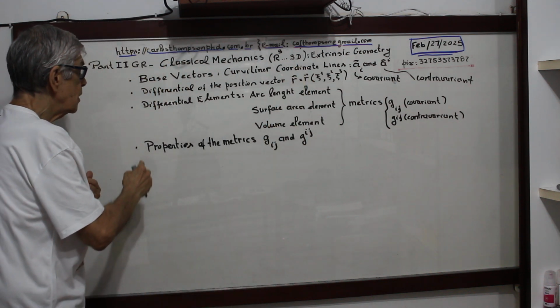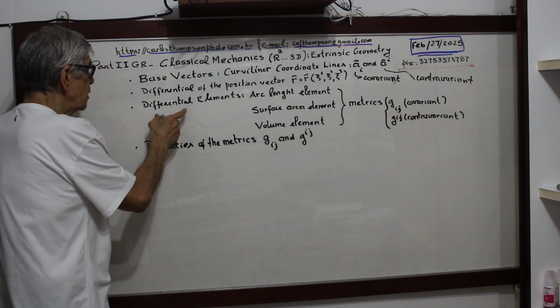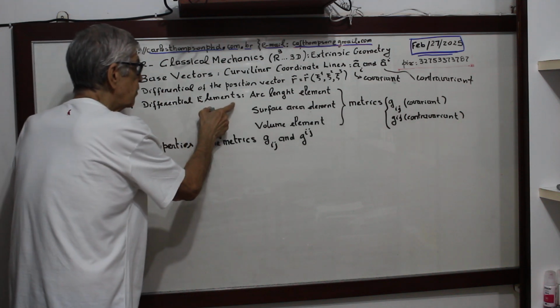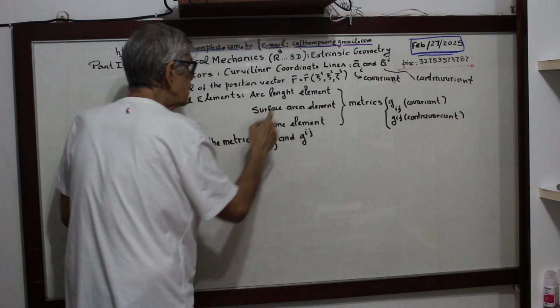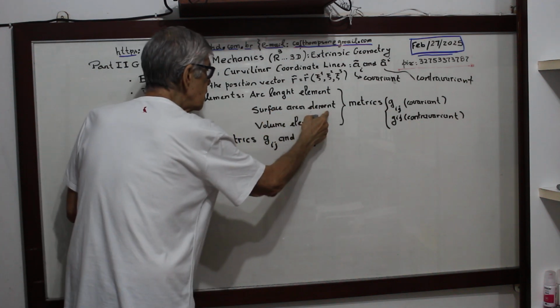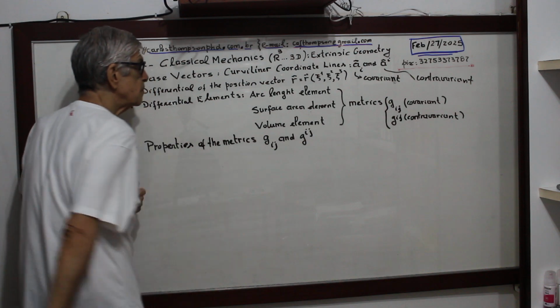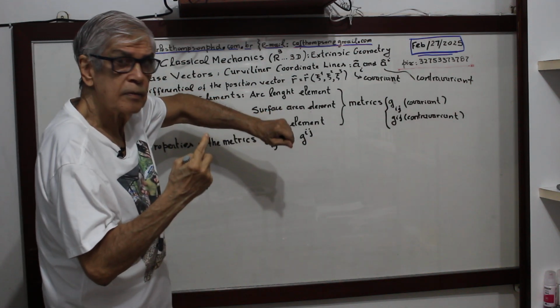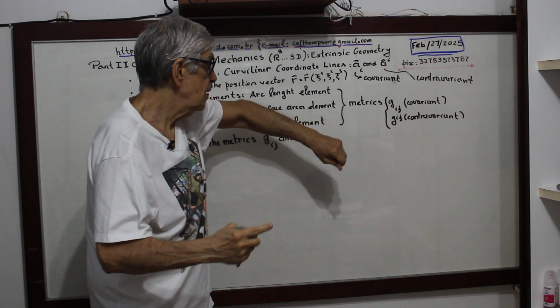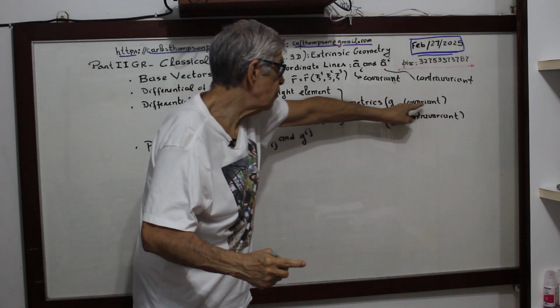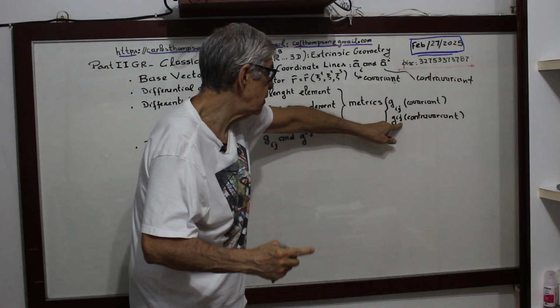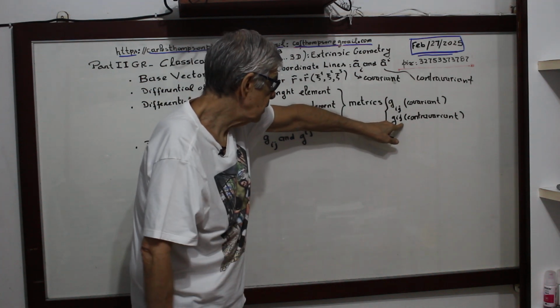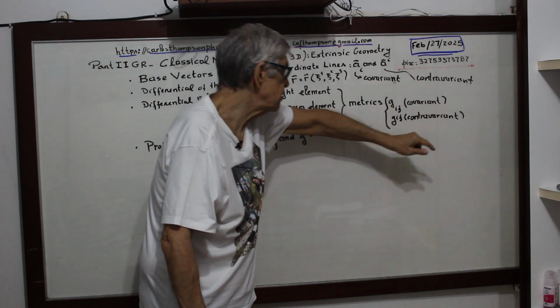Then we will define different elements: arc length element, surface area element, and volume element. From here, you're going to define the metric Gij, covariant, and Gij with upper indices, contravariant.